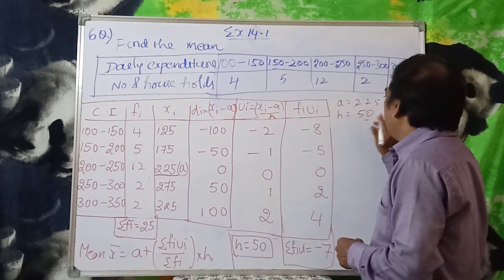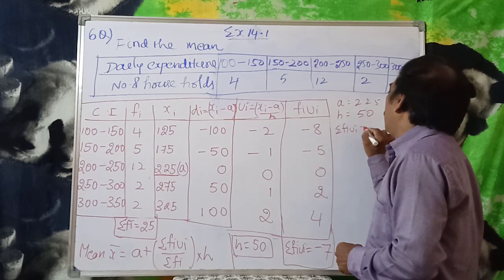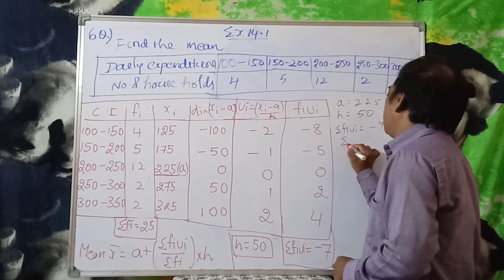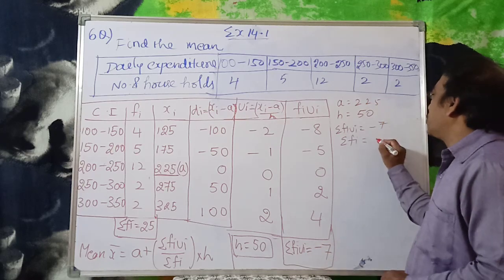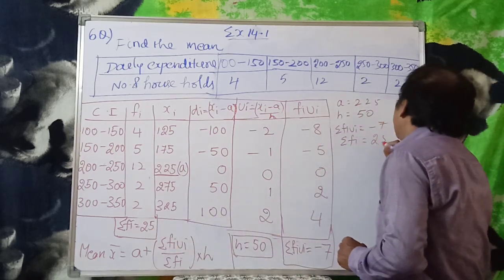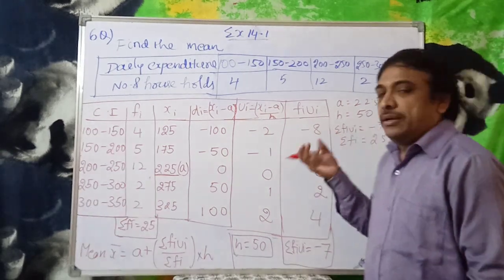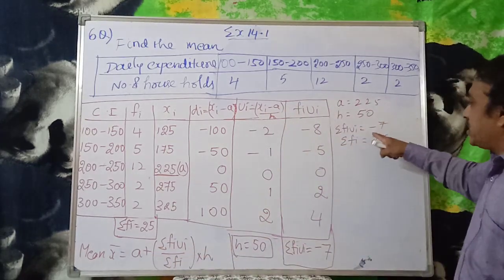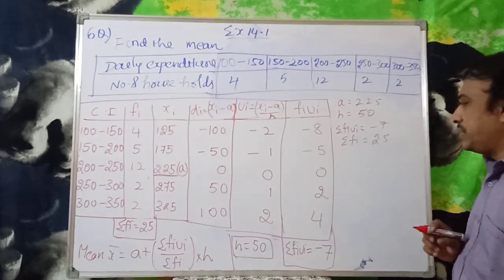Then sigma Fi ui is equal to minus 7 and sigma Fi is equal to 25. These are the values required to substitute in the formula.